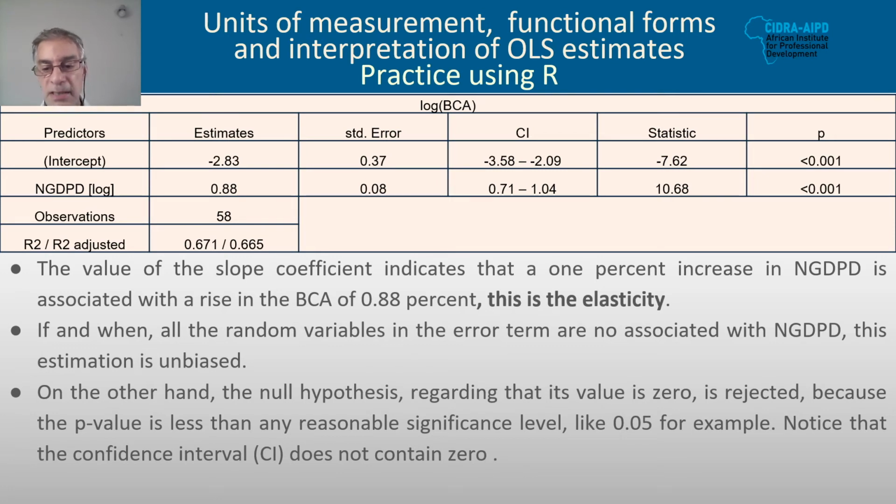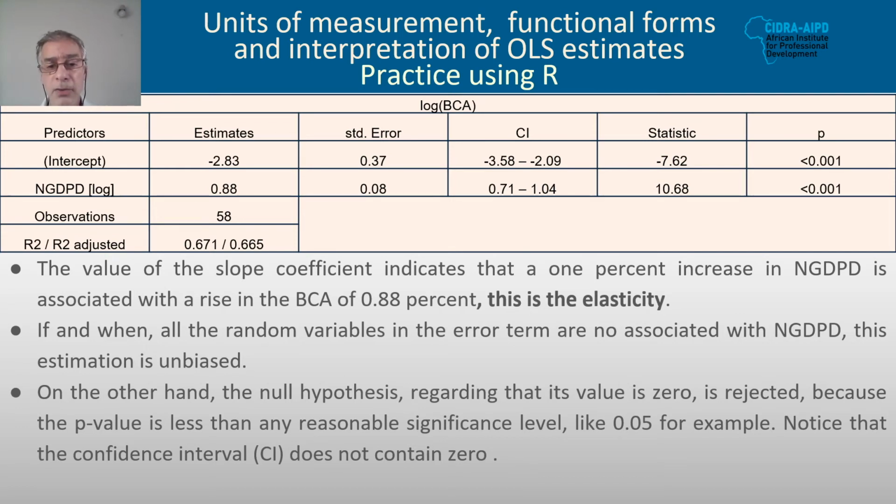We reject, in this case, the null hypothesis that the coefficients are statistically equal to 0, because the p-values allow us to reject the null hypothesis, and we can say that there is a statistically significant difference from 0.